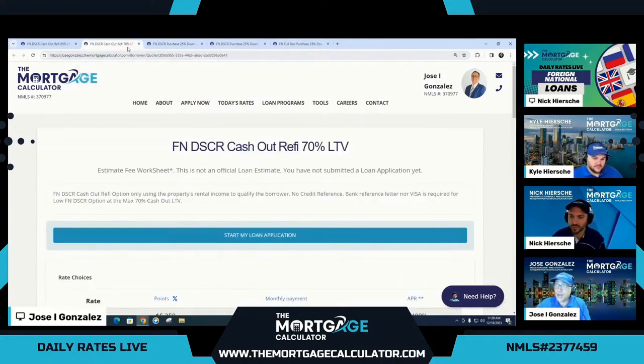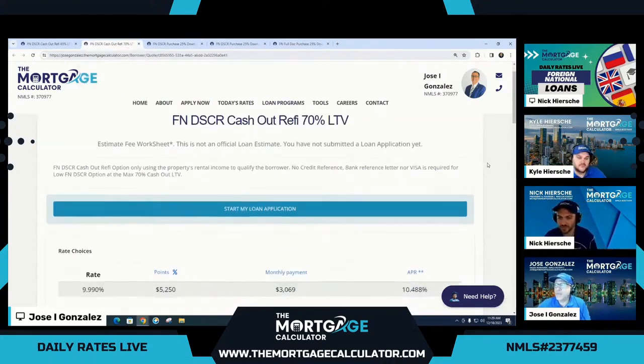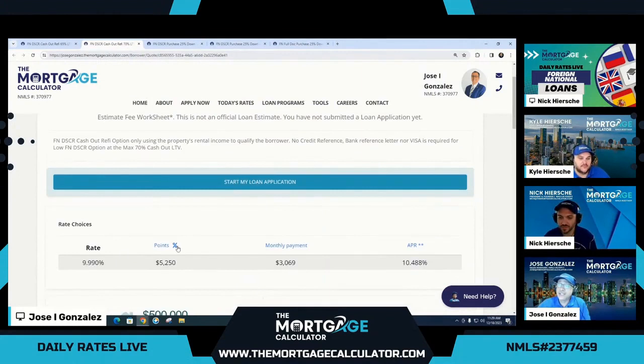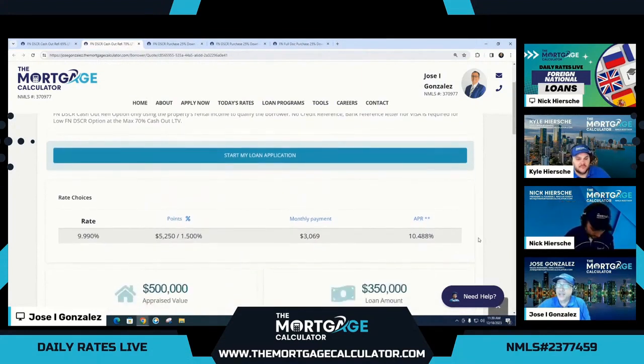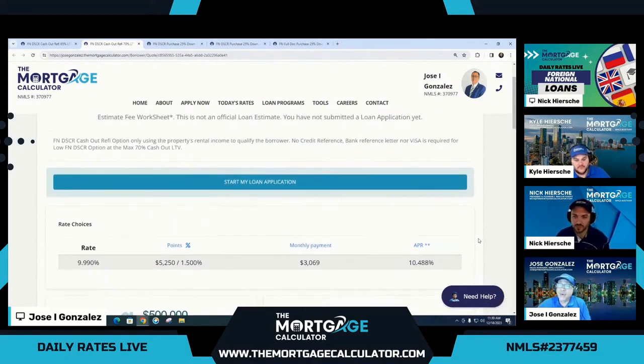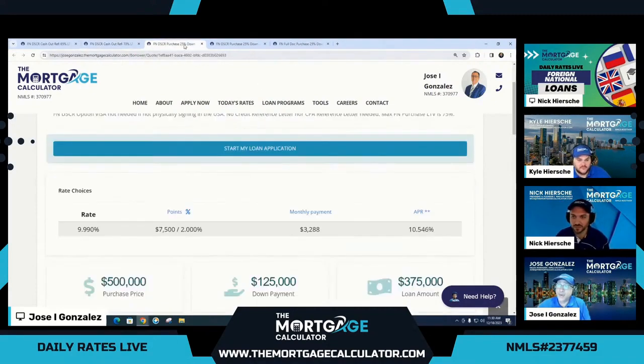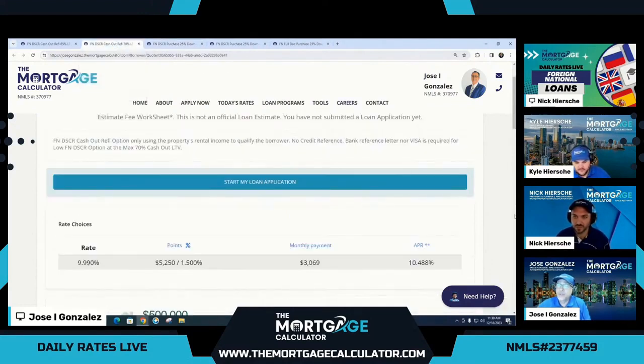So now cash out option using the same simplified document techniques. You're looking at 9.99 again. This one was 9.99, costing 2 points on the 75% LTV purchase. This one takes it up to a maximum 70% LTV, which is also the maximum LTV on a foreign national cash out.